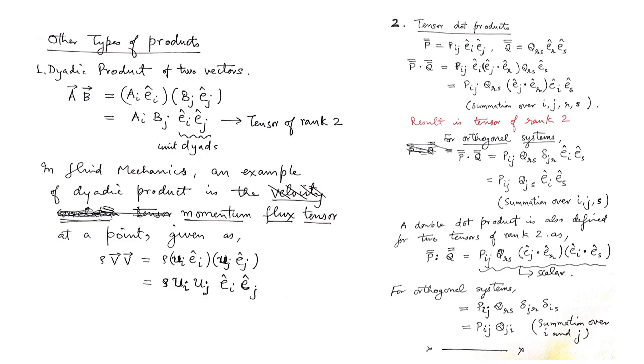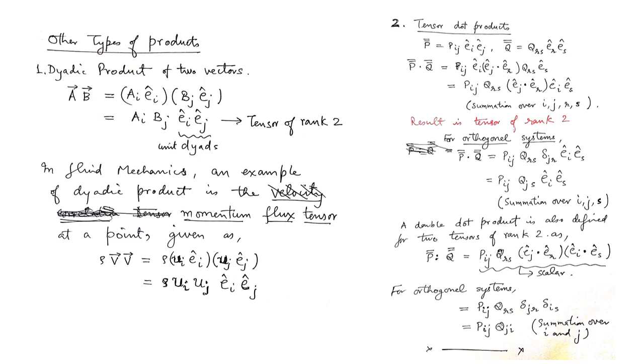The first vector is rho v and the other vector is v. I've written the dyadic product, sorry for saying dot. There is no operator symbol between rho v and v. So it will be simply written as rho ui ei and uj ej, and then finally rho ui uj and ei cap ej cap, the unit dyad. So this is the example from fluid mechanics of a dyadic product, the momentum flux tensor.